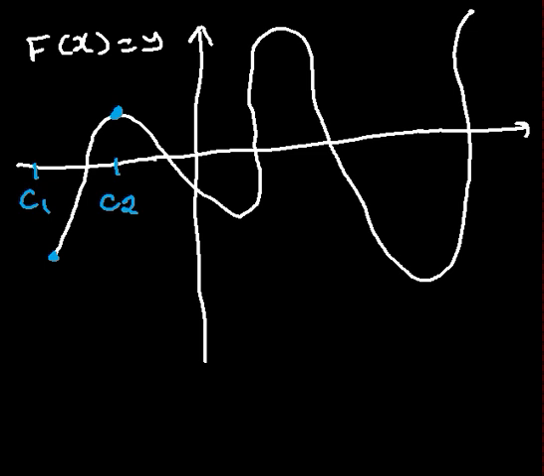And also we have this point, and the x value corresponding to that point is given as c3. And I will also have this point, whose x value is somewhere about c4. And I also have this point, whose x value is c5.